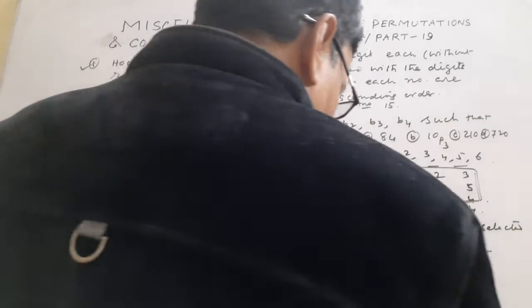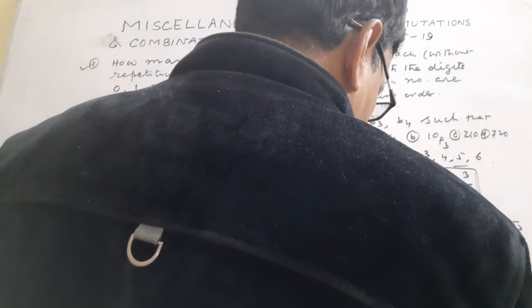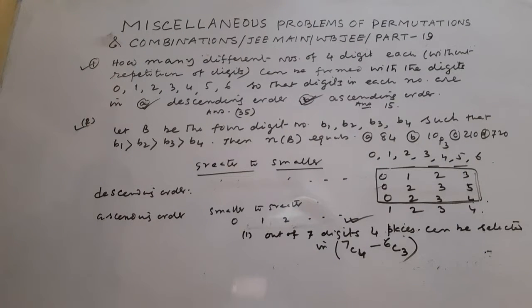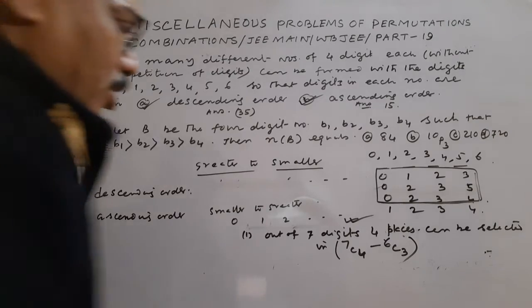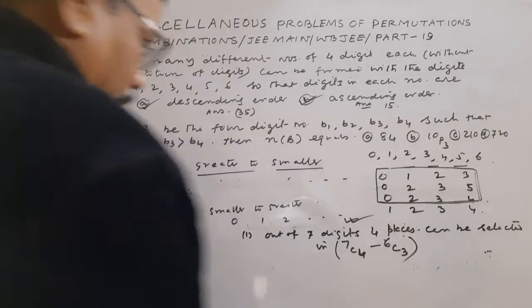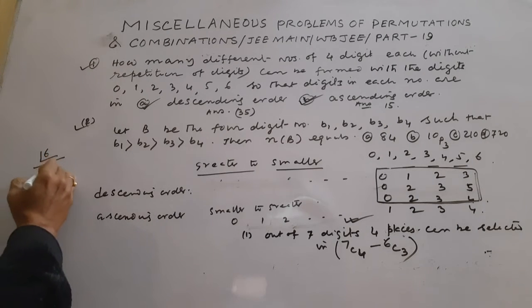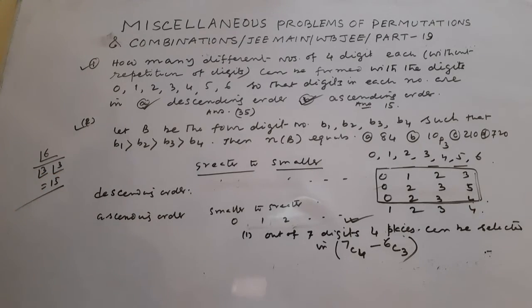So it is 7C4 minus 6C3. 6C3 is factorial 6 over factorial 3 factorial 3, which is 20. So I have already calculated 7C4 as 35, and 35 minus 20 equals 15.